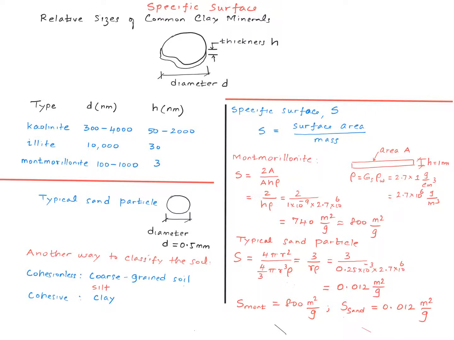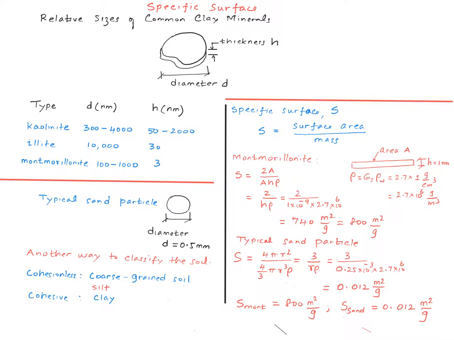After substituting these numbers, you end up with the value of 740 meters squared per gram for the specific surface. Actually, the thickness of the clay particle is a little less than 1 nanometer, and this is the number that you will see in books and papers.